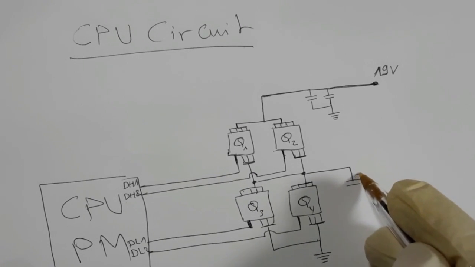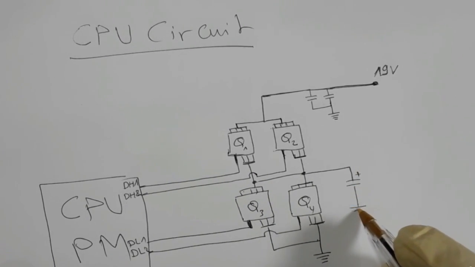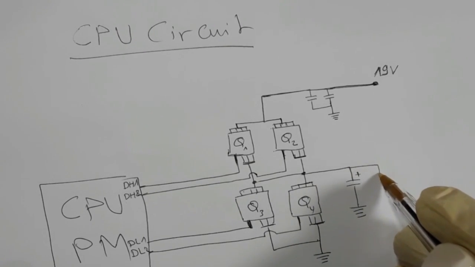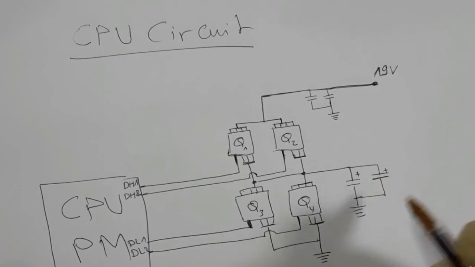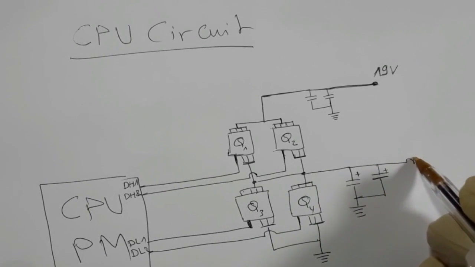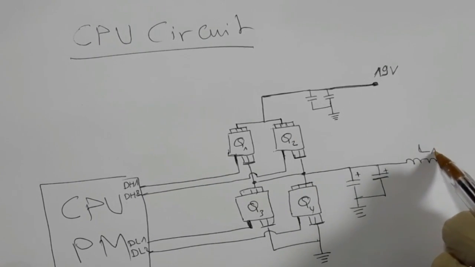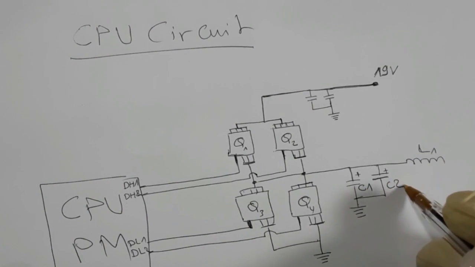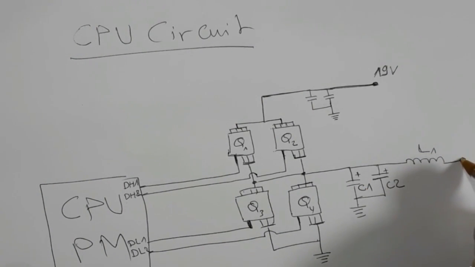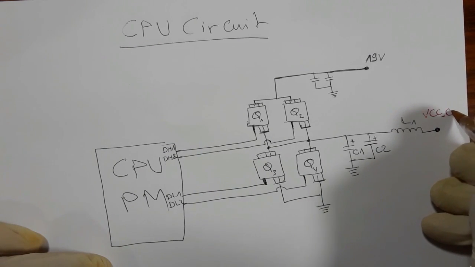This is a chemical capacitor or a polarized capacitor. We have another polarized capacitor, exactly as on the motherboard, and then here we have the coil L. We have here L1. For example, here this is the C1 and the C2, and here we will get the VCC core.